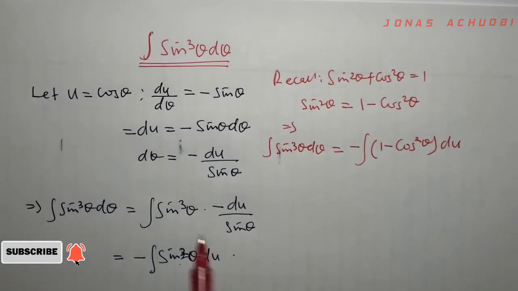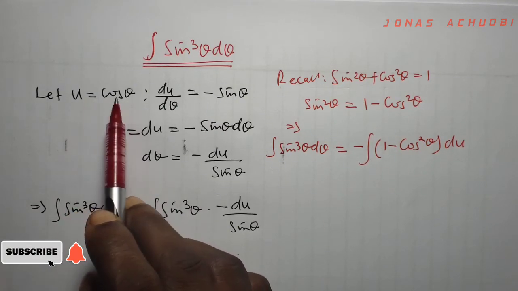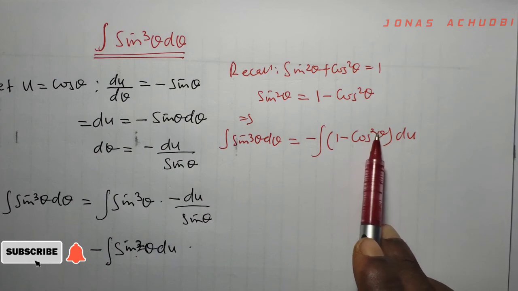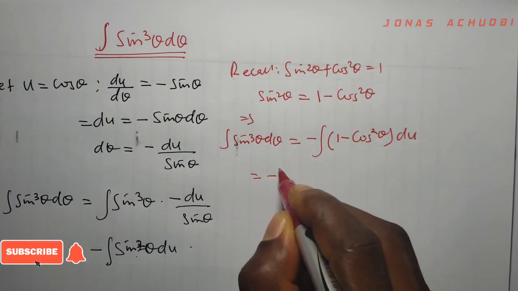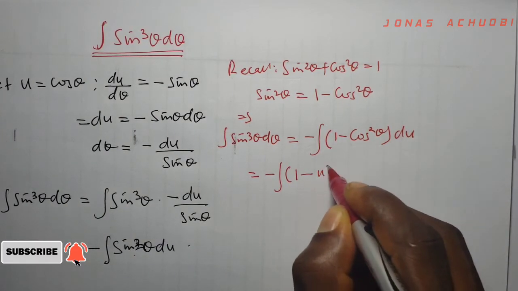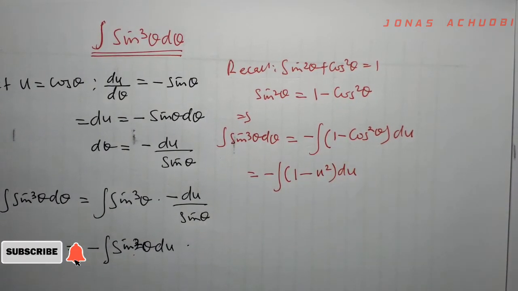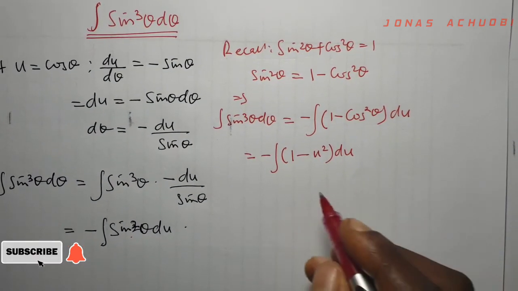But initially we had said let u be equal to cos theta. So if u is cos theta, then we expect cos squared theta to be u squared. So this becomes minus the integral of 1 minus u squared du. We can now open up a bracket and integrate term-wise.